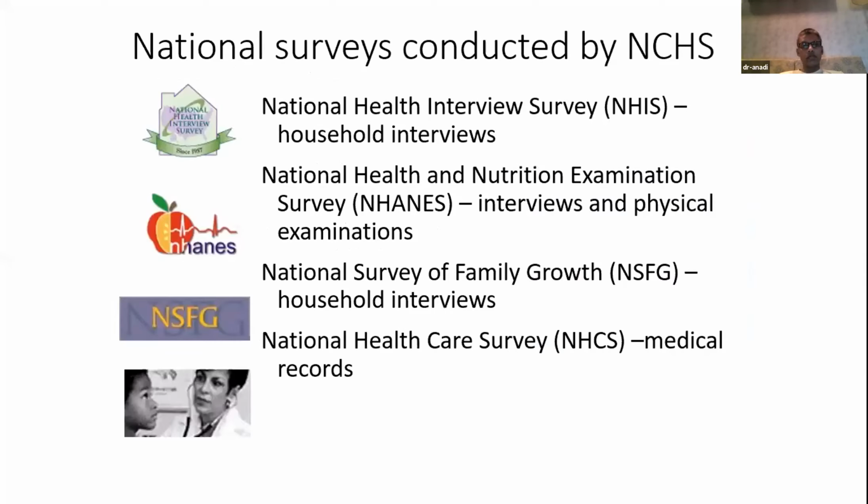So there are several national surveys that are conducted by NCHS: National Health Interview Survey, household interviews; National Health and Nutrition Examination Survey, interviews and physical examination; National Survey of Family Growth, household interviews; National Health Care Survey, by medical records. So you can go for different surveys. We can go from our archived BHTs, that is bed head tickets. We can construct a cross-sectional survey of patients in our own hospital.